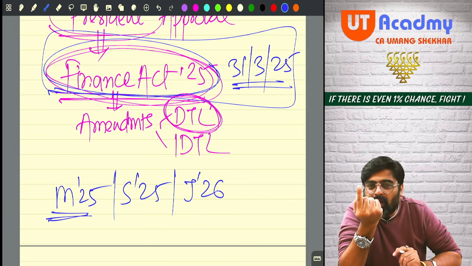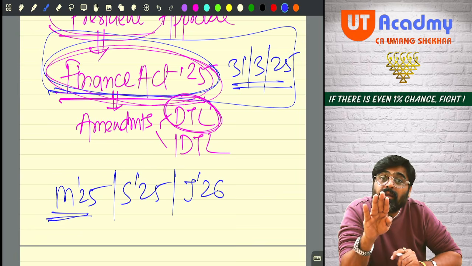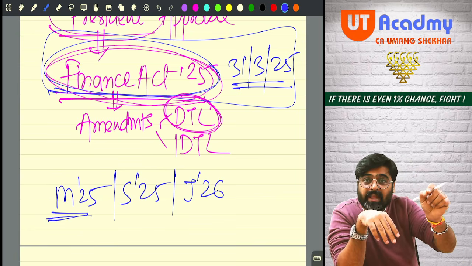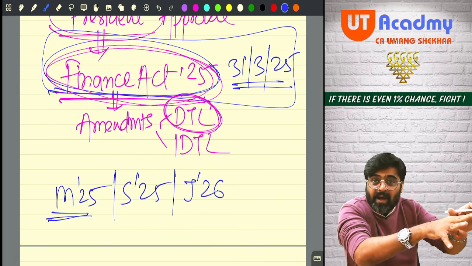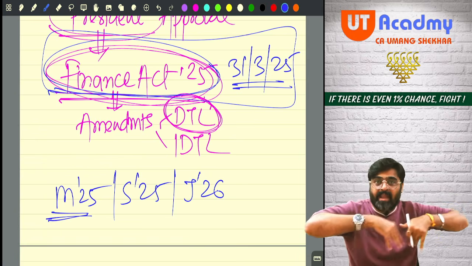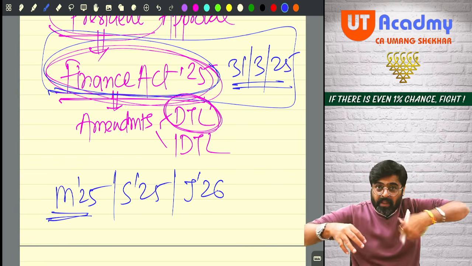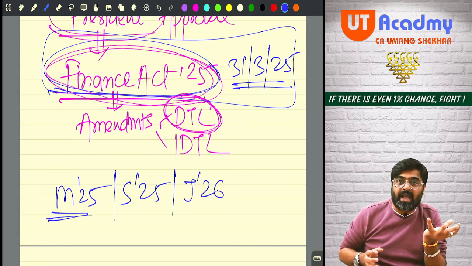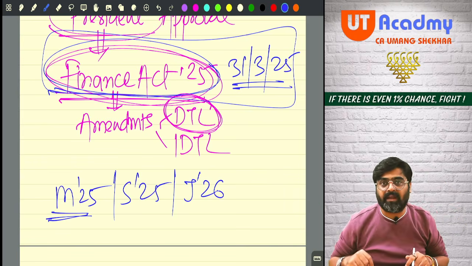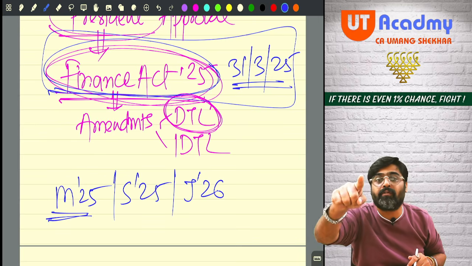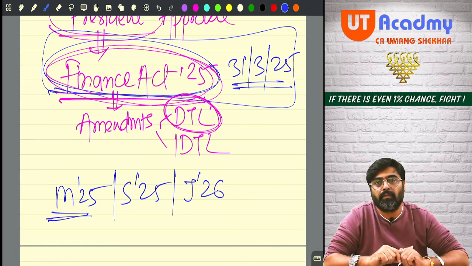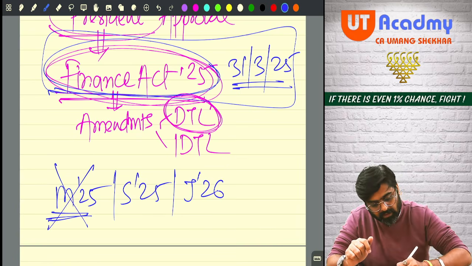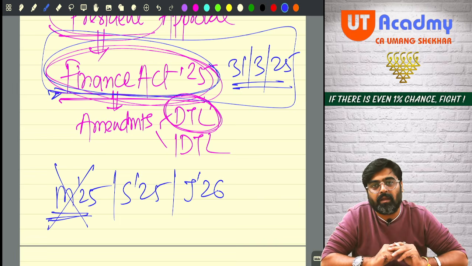Because within 1 month, April, the changes have just been made applicable at the end of March, and we have only 1 month to read all these amendments with the Income Tax Act and appear for the May 25 exam. How do you expect us to read everything in 1 month? That is practically not possible. So for May 25, these Finance Act 25 changes are not applicable.